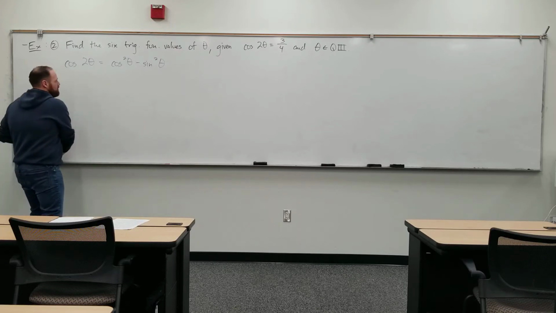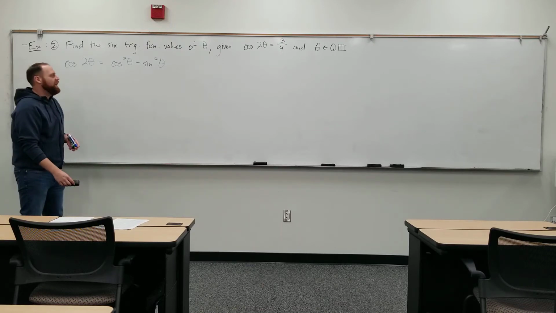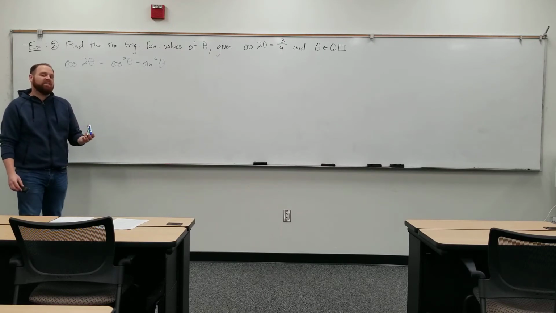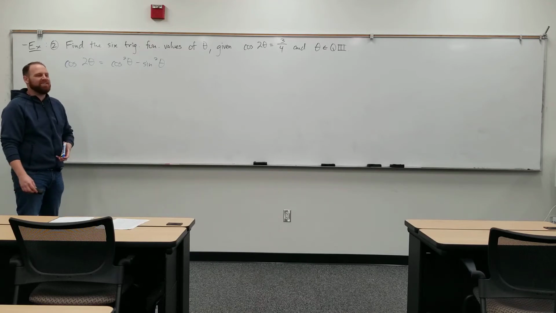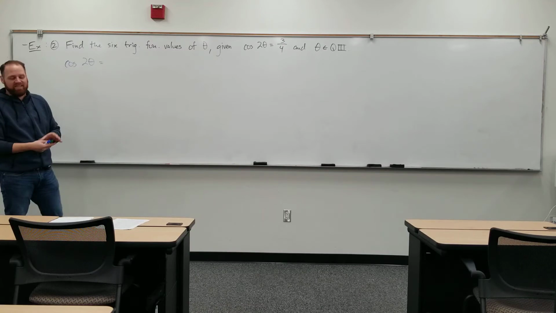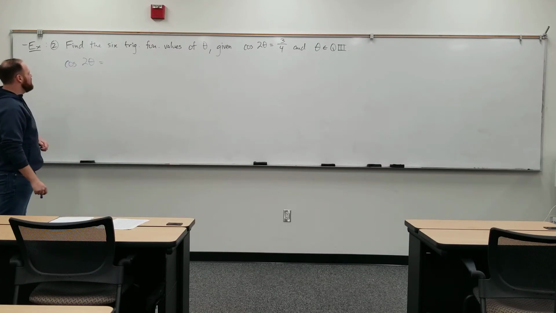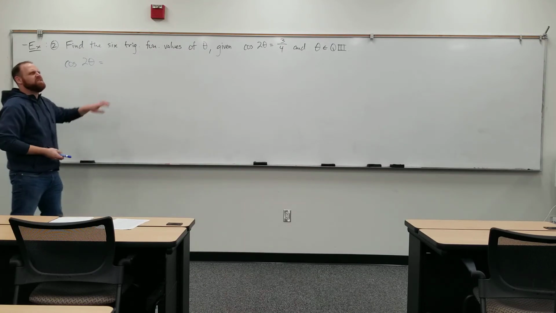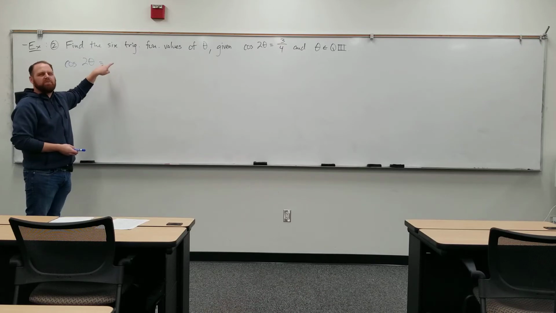Now it doesn't really matter which one, and I'm inclined to try to calculate sine first. So I'm going to go ahead and use the one that involves only sine theta. I have to remember how this goes. If I only want to use sine theta, I have to replace the cosine squared with 1 minus sine squared.